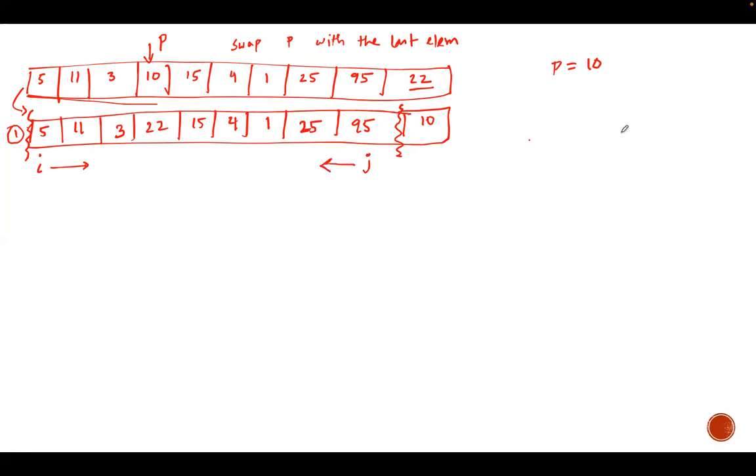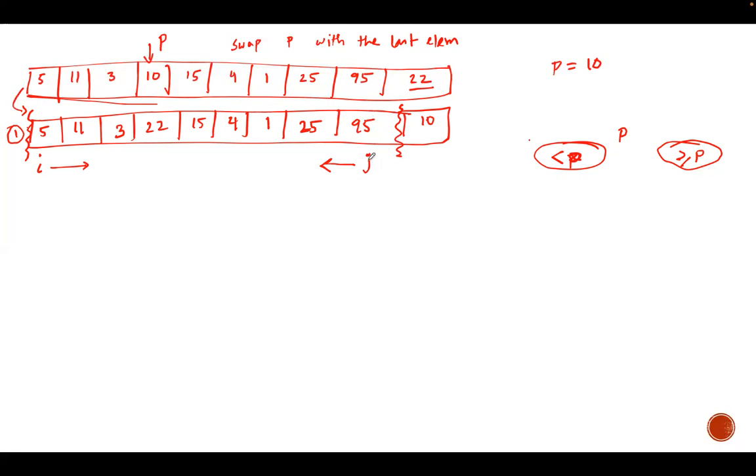Again, reminding you, if P is the pivot element, at the left of P we are going to have all the elements that are less than P, and at the right of P we're going to have all the elements that are greater than or equal to P. So j is going to move from right to left, and if it finds any item that is greater than P, it's fine.